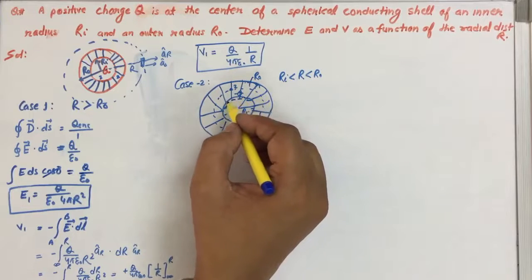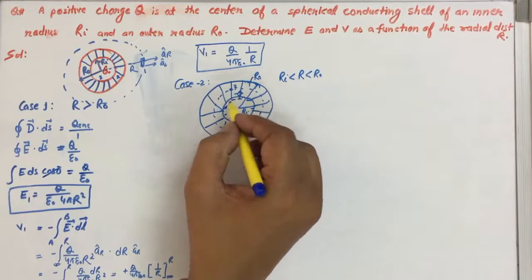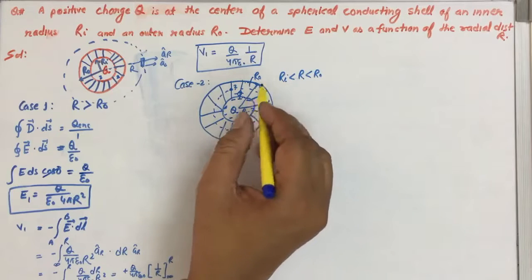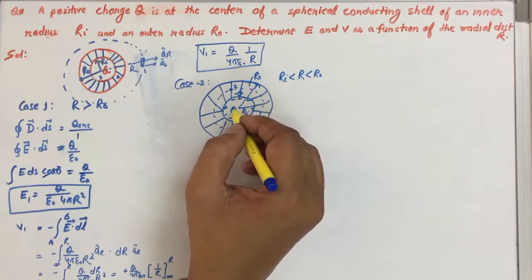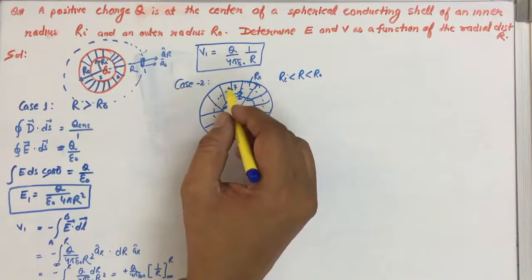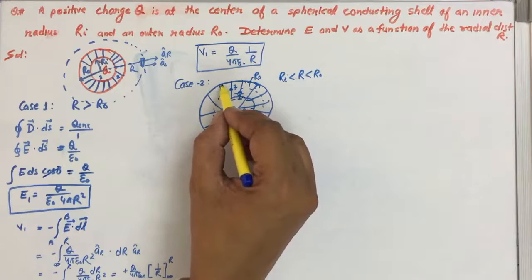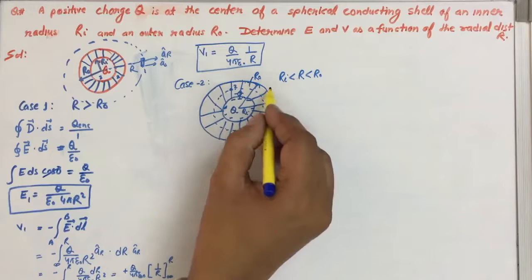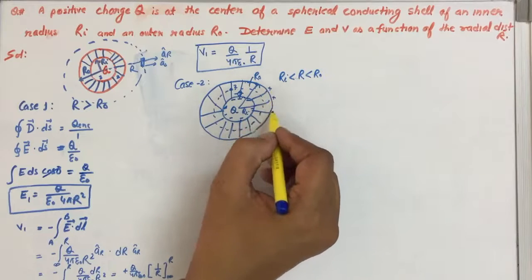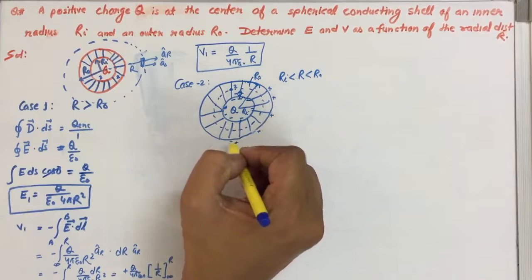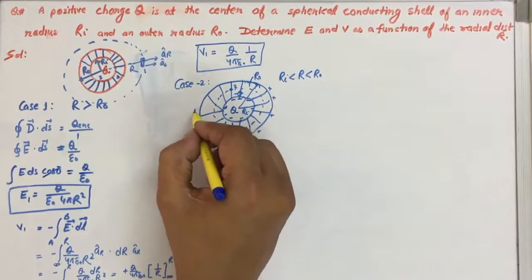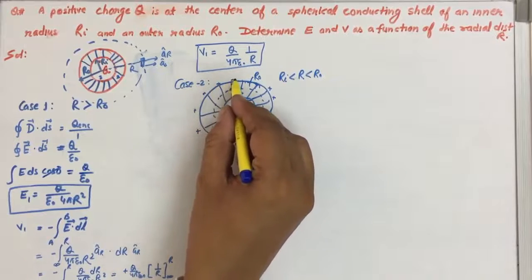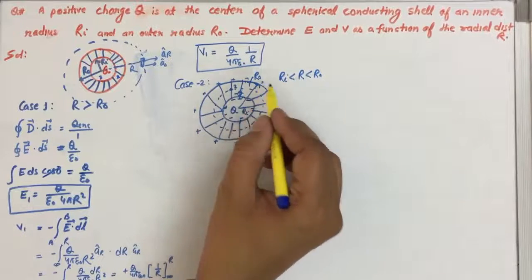Okay, and if the inner surface will have minus q, then from there the outer surface of this conducting shell will have positive q. It will induce according to the law.